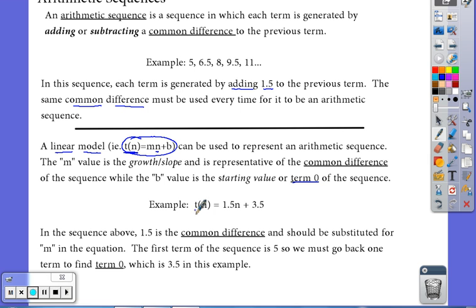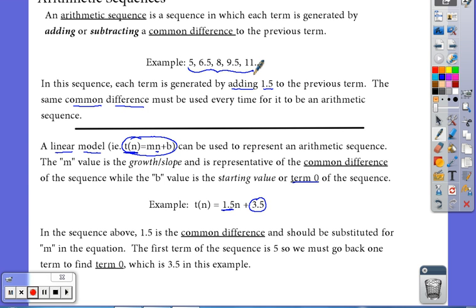So in this example, we have t of n equals 1.5n plus 3.5. So 1.5 is our common difference. That's what we had to add each time. That was our rule.